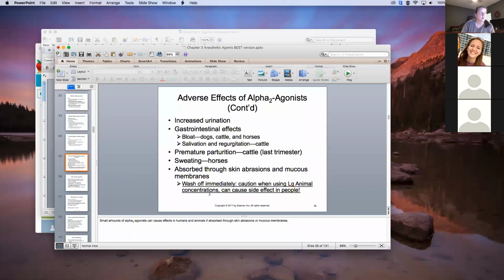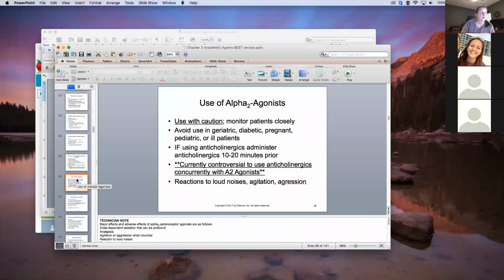It can get absorbed through our skin, but the main thing I want you to know, it's better for our everyday average middle of the road healthy patient. The geriatrics, the pediatrics, or very ill, the alpha 2s are not a great category because they have the most profound side effects.